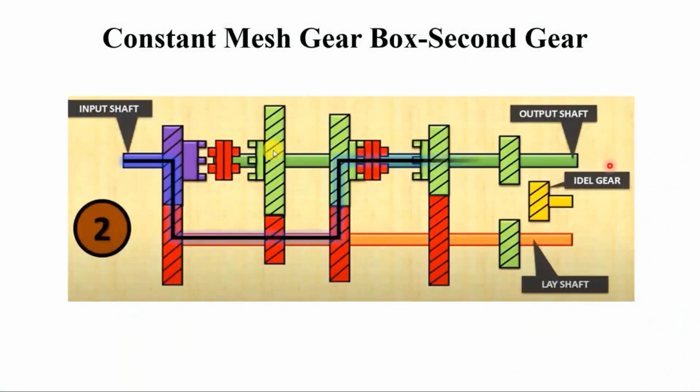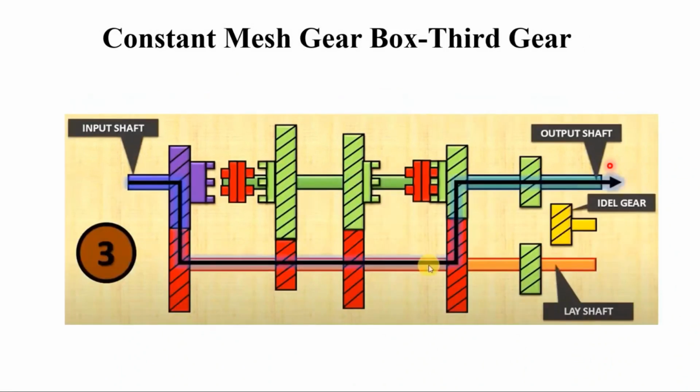And you have the third gear, where this dog clutch will move towards the right direction, and the lay shaft is connected to the output shaft, and the gear of the output shaft and the lay shaft will get engaged, and the power goes like this. When I say power, it is nothing but the movement of the gears at different speeds, depending upon the number of teeth.